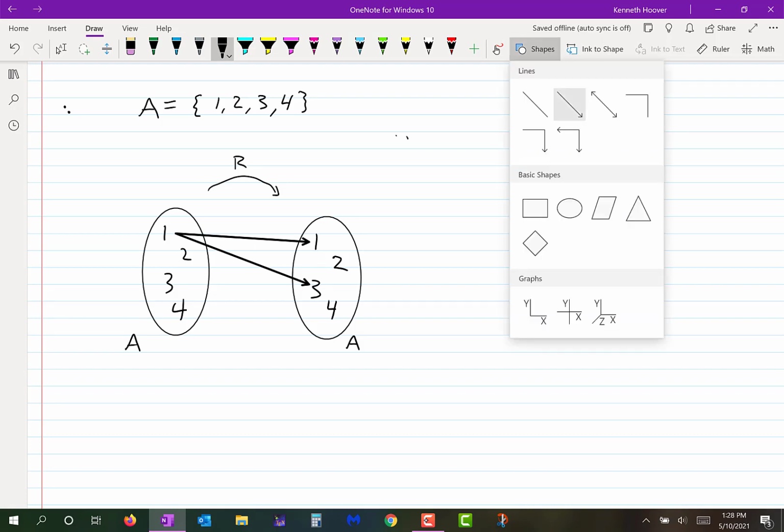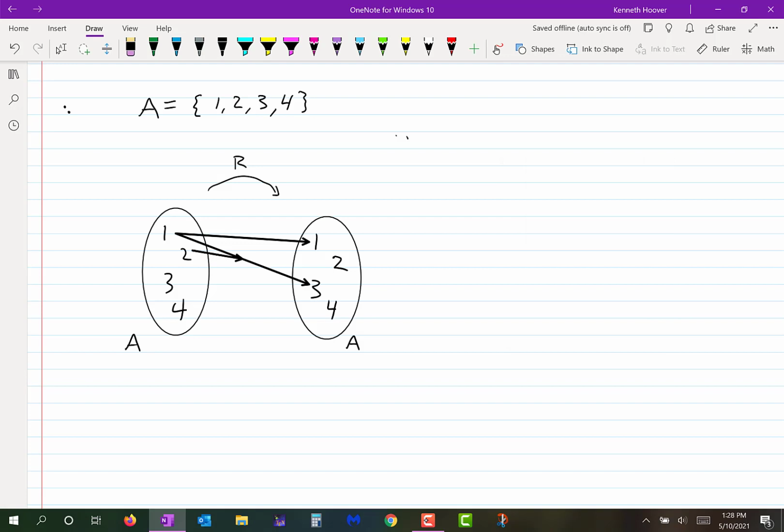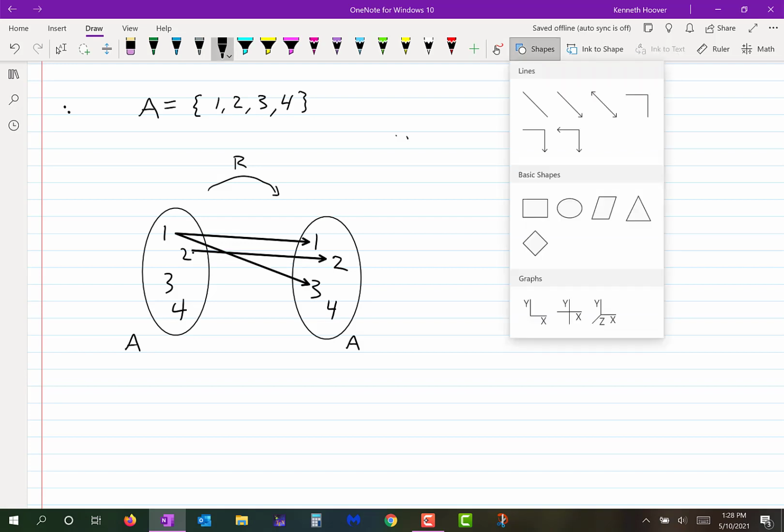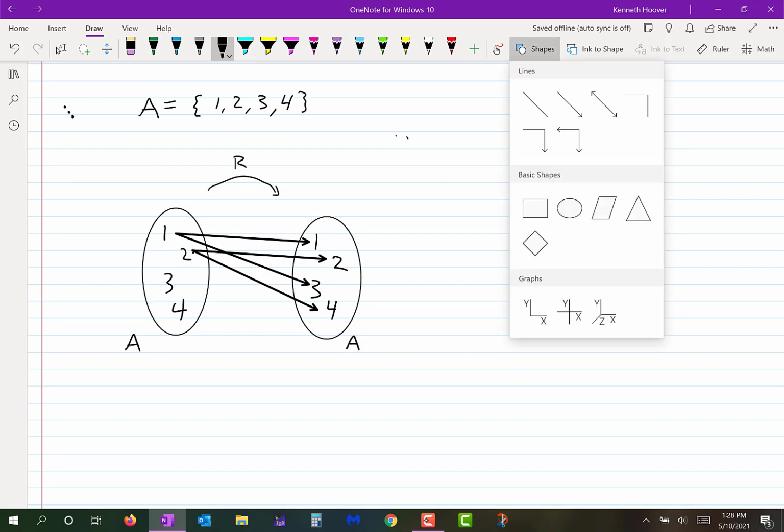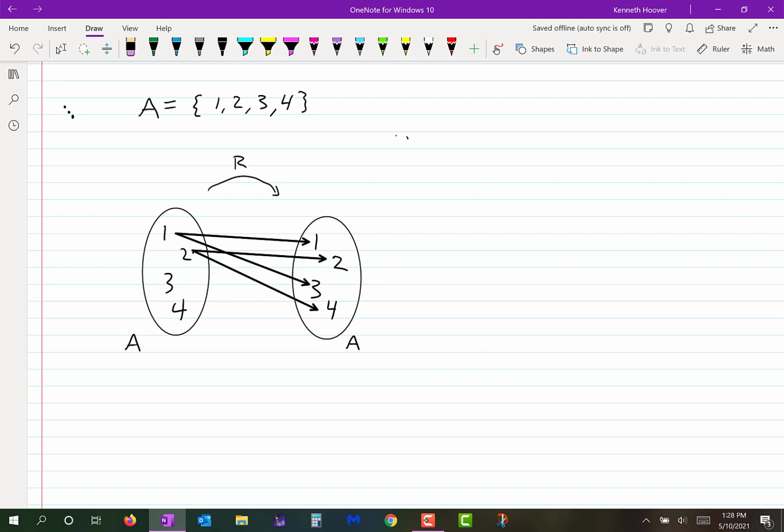Two is related to itself and also 4. 3, I want to make related to 1 and itself. And 4, I would like to make related to 2 and itself.